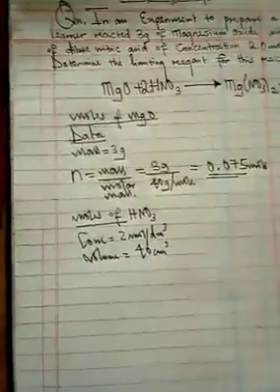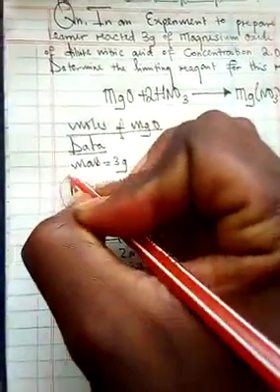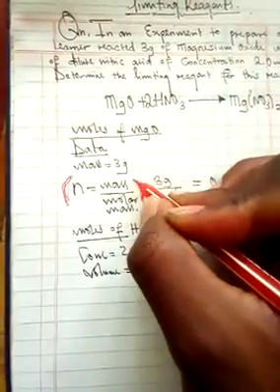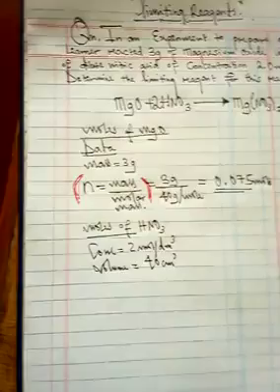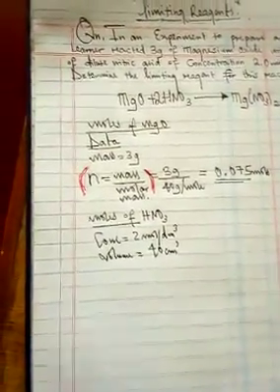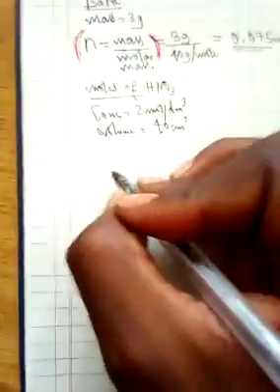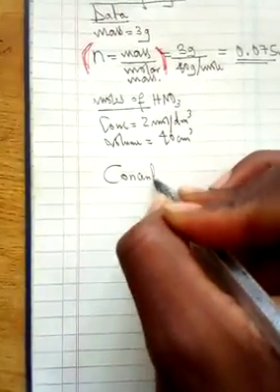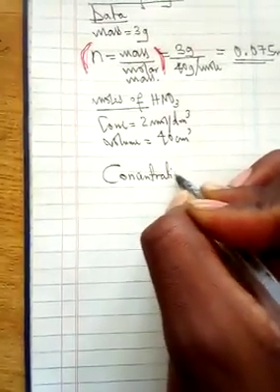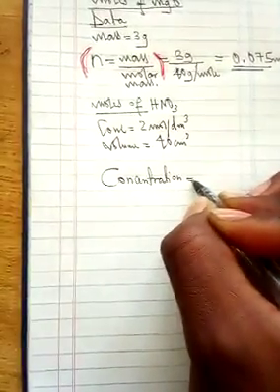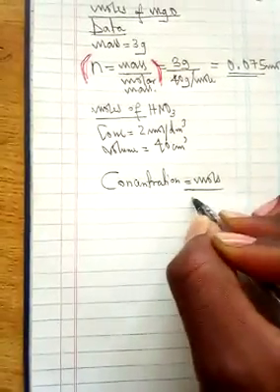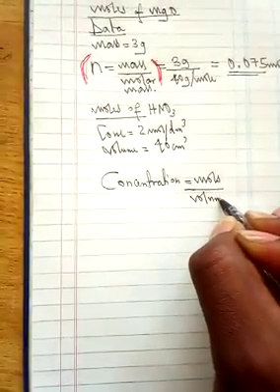Now it's very important that you know these formulas. So the first one was number of moles is equal to mass over molar mass. The other formula that I'm going to introduce here is concentration. Concentration is equal to the number of moles over the volume.